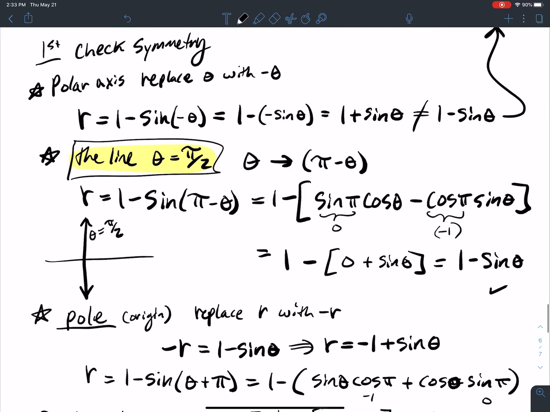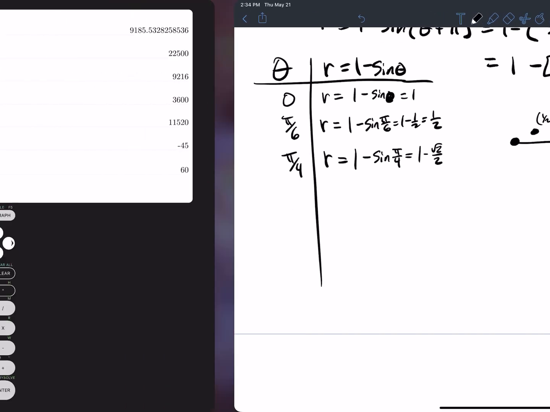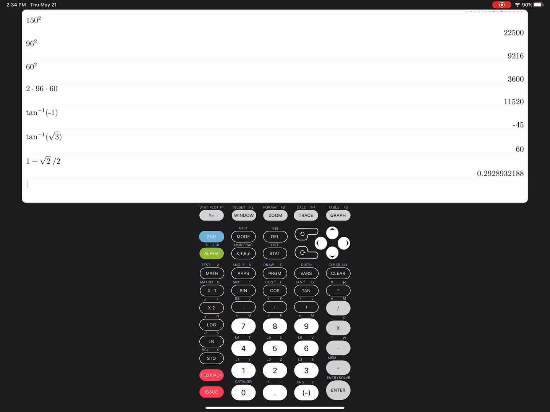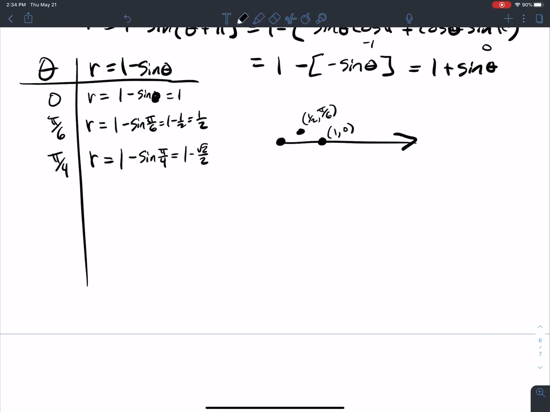I typed that in my calculator, that's 0.29. So we're getting smaller.